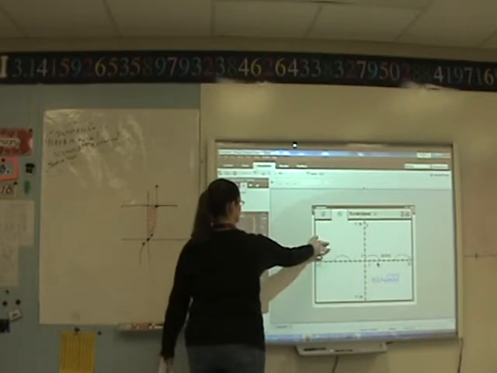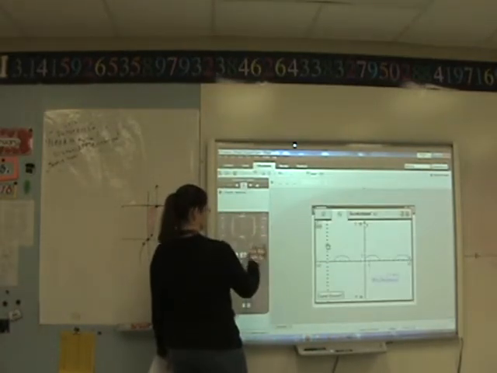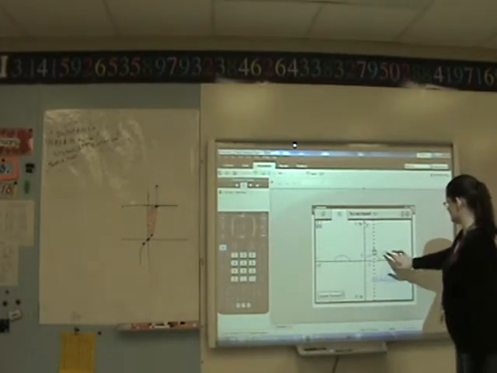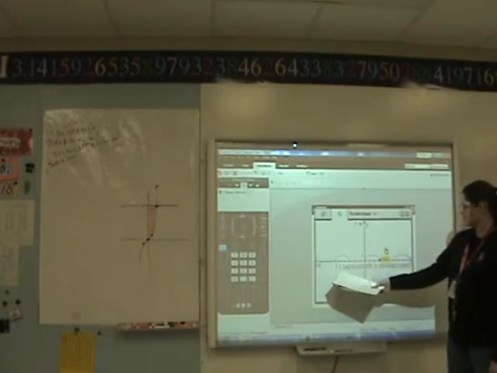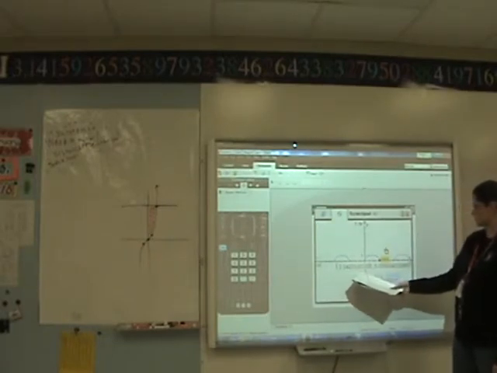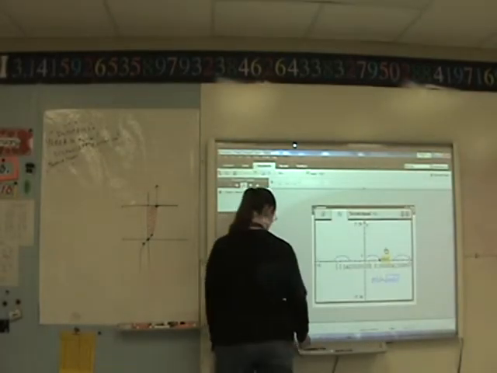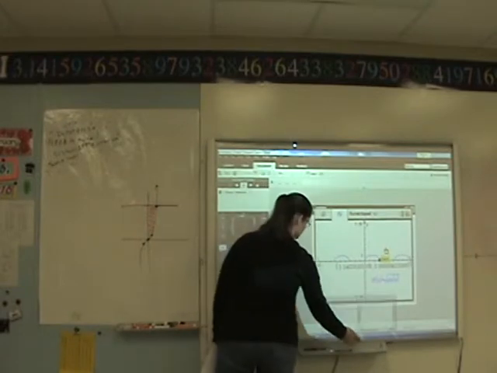Now, if I try to find zeros, I don't know how well that's going to work because there's nothing below the axis. But I'm going to try it. Yep. 3.1415926535. I hope that number sounds familiar to you because it's my favorite number.